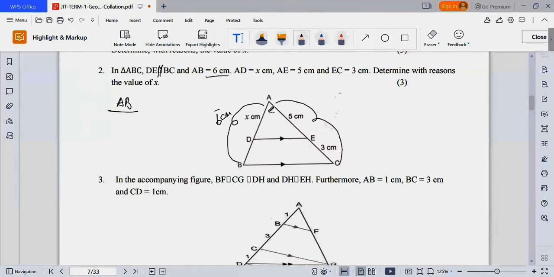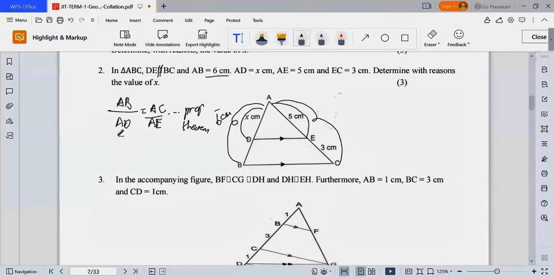Then I'm going to use AD because that's where the X is. If I'm taking AD, I need to take the side that is in proportion to that, which is AE. Then AB over AD is equal to AC over AE, by the proportionality theorem.